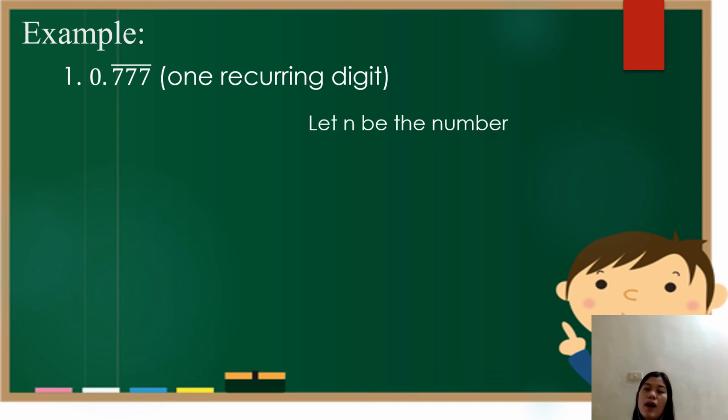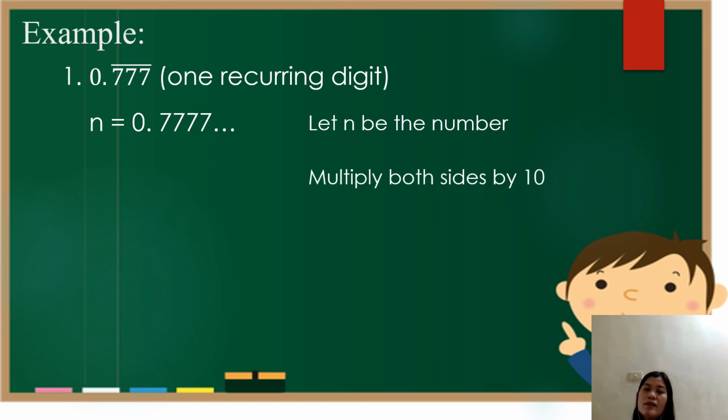So one digit is repeating. Let n be the number, 0.777. Okay. So, multiply both sides by 10. So, 7.77, this one is tenths. So multiply this one by 10. Okay. So, you have 10n is equal to 7.77.